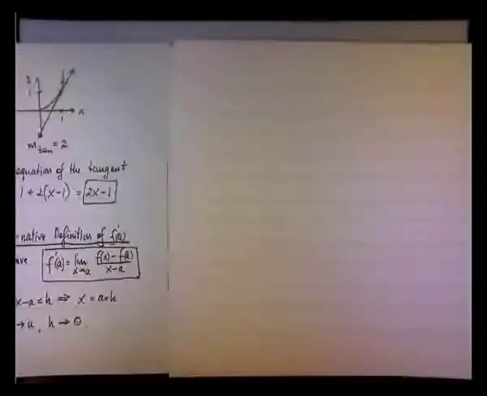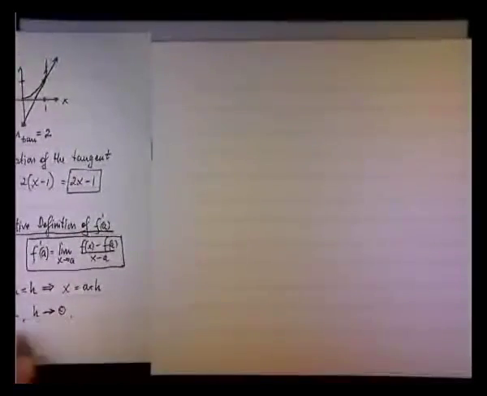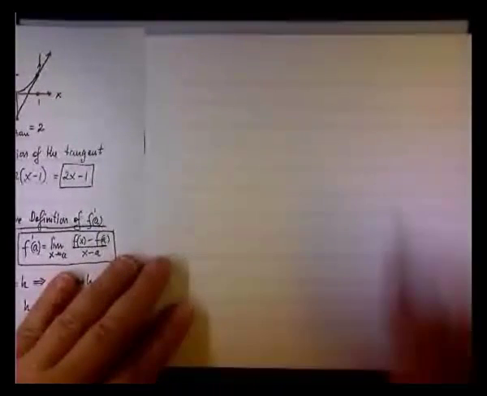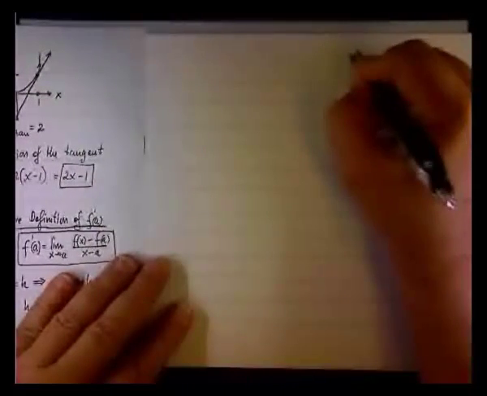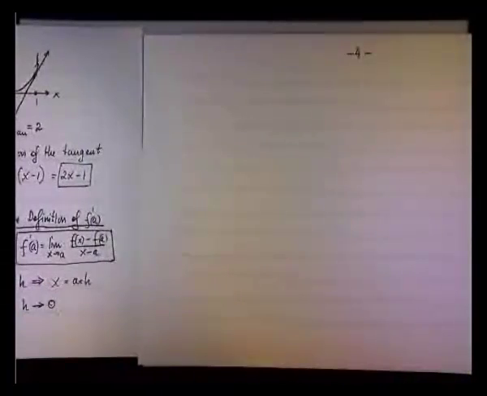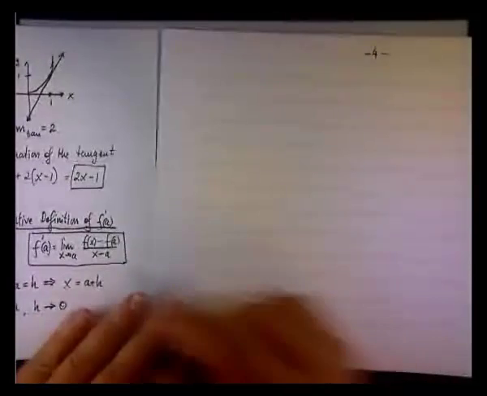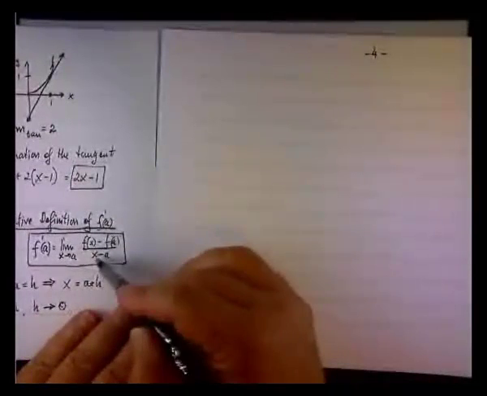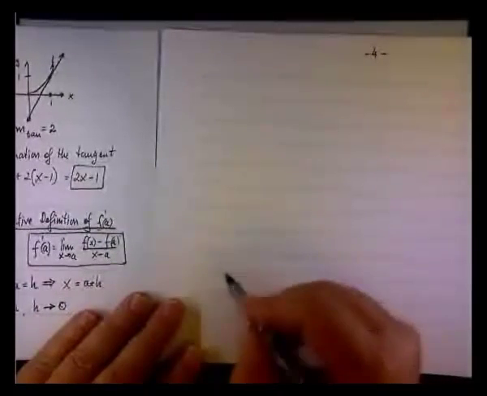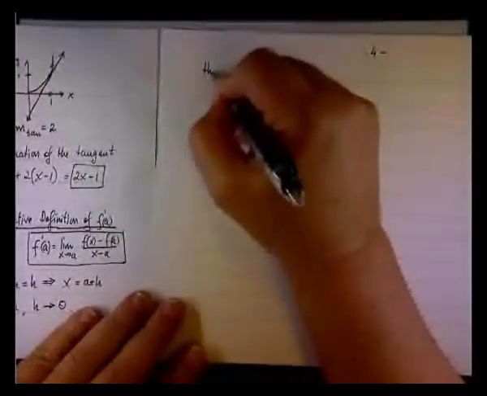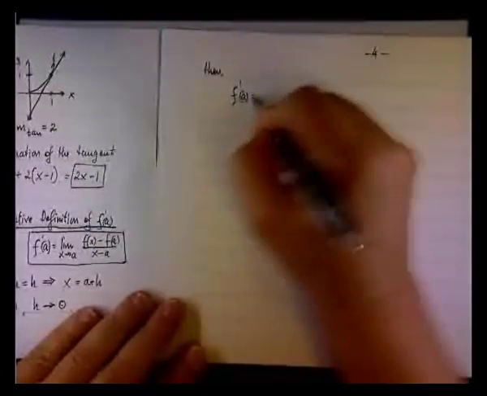Okay, so let me turn to the next page, and let's see, using this modification, how the definition is going to look. If we replace x with a plus h and x minus a with h, then we have the following definition.